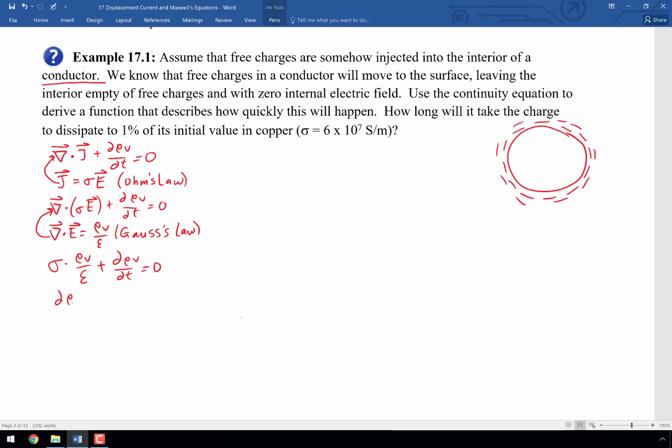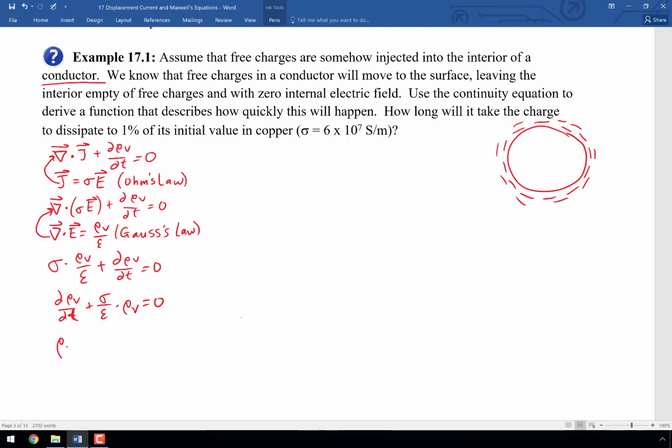Let me rewrite this into a form that may be somewhat easier to recognize. Partial of rho sub v with respect to t plus sigma over epsilon times rho sub v is equal to 0. So we see here that this is a differential equation that you probably know the form of.